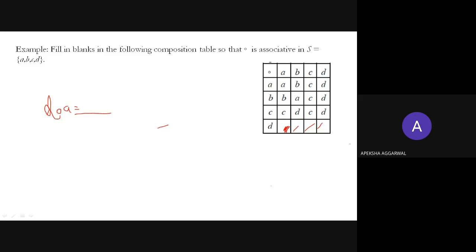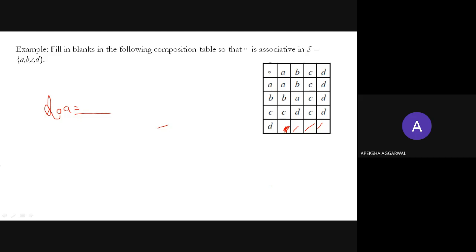Associative means in place of A, you can write some other value, right? If you write (DOC)OB equals DO(COB), then on the right hand side you have all the values, but on the left hand side you are missing a few values.